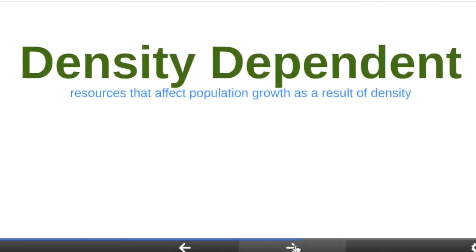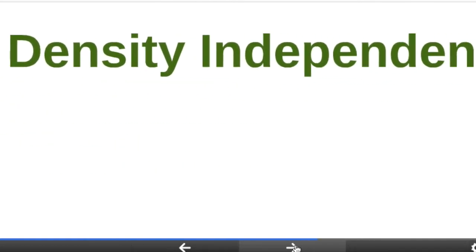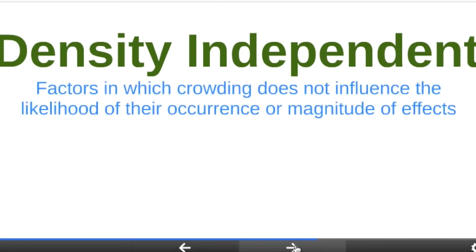Density-dependent factors are the resources that affect population growth as a result of the population's density. These are things such as food, water, and disease. Whereas density-independent limiting factors are factors in which crowding does not influence the likelihood of their occurrence or their magnitude. And so these are things like weather, earthquakes, and other things that are not affected by crowding.